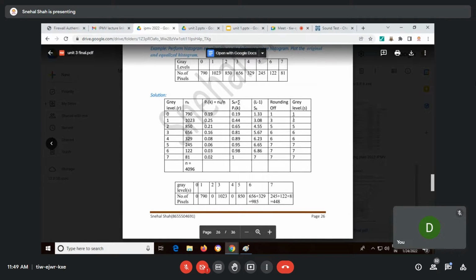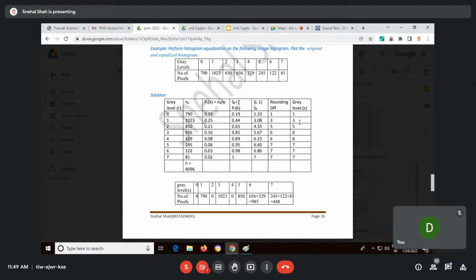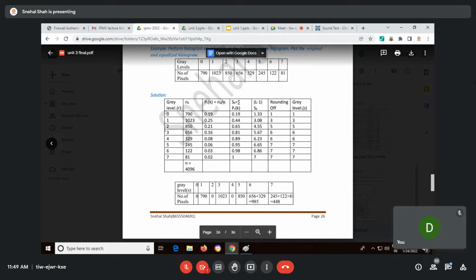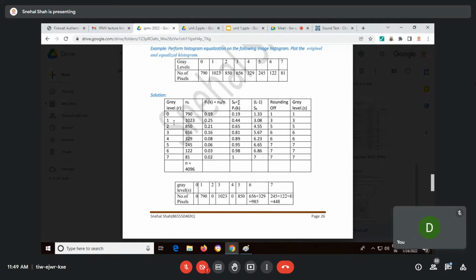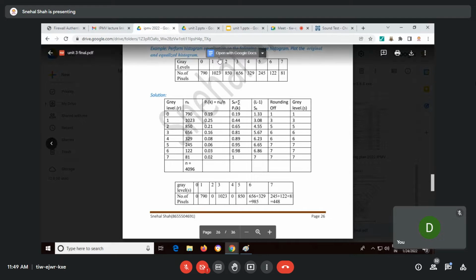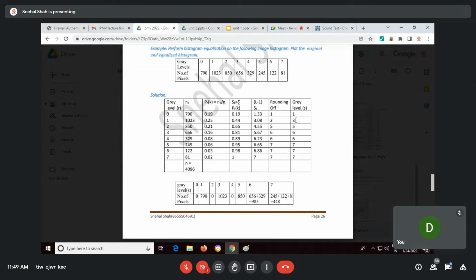Then you get 3 when gray level R is 1. What is the number of pixels for 1 in the old image? That is 1023. So this 1023 you write down for 3 in the new image.